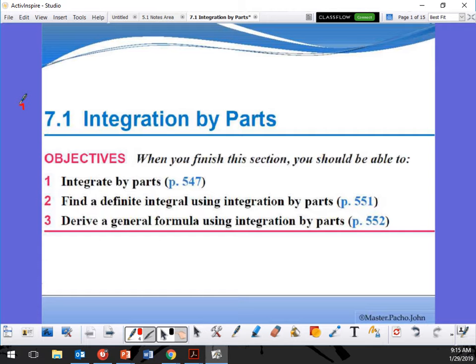Integration by parts. If you remember when we were doing regular integration and we had to u-sub, what type of problems did I u-sub? If I was taking the derivative of that same function, what would make me want to do a u-sub? Chain rule. Very good.